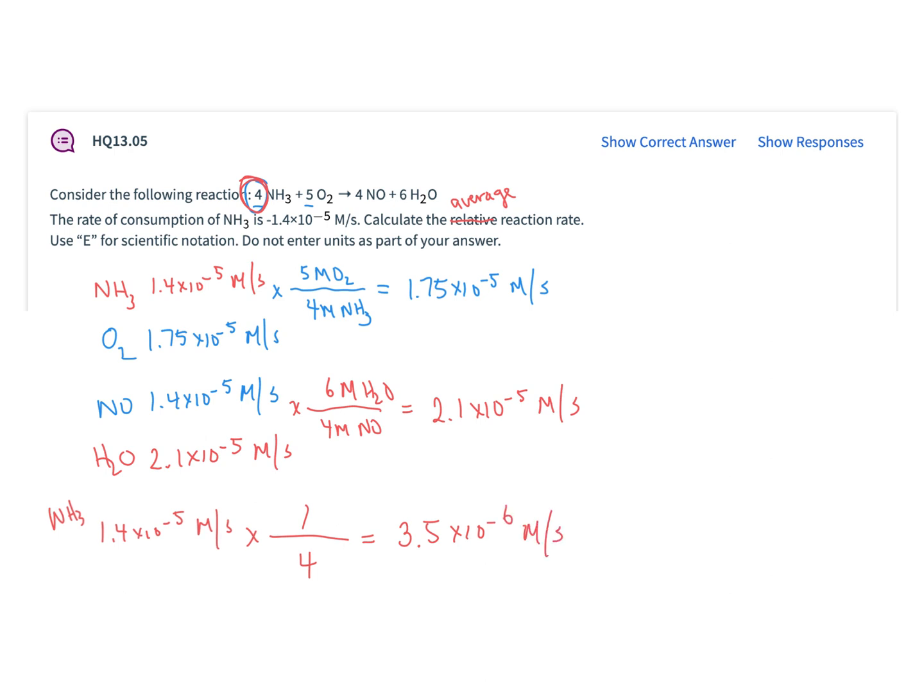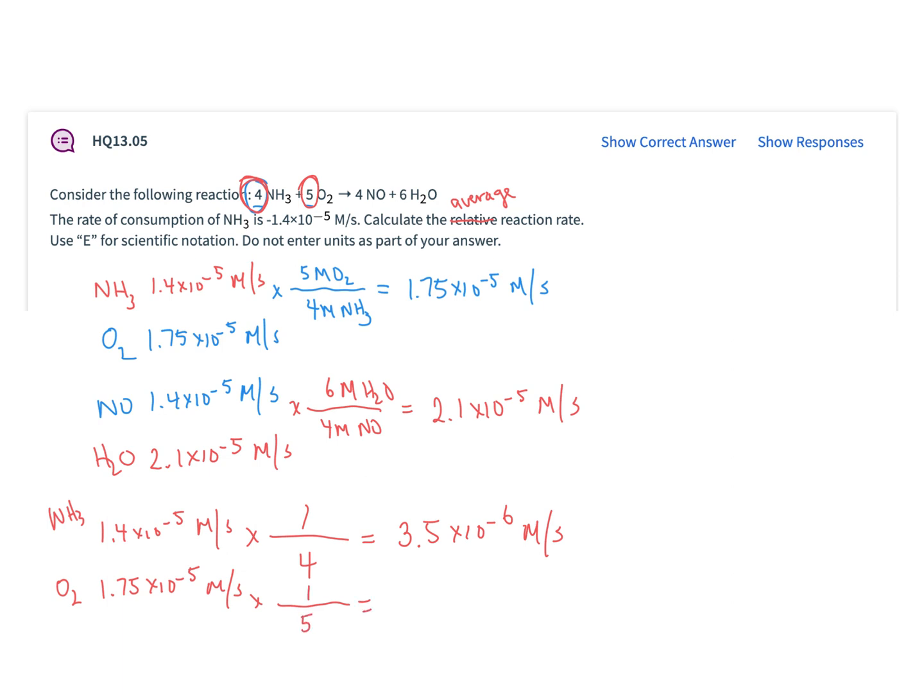We could do the same thing for oxygen, and we would get the same answer. We see oxygen reacts at 1.75 times 10 to the minus 5 molar per second. For the average rate, we would set that equal to 1 and divide by the coefficient, so 1 over 5.